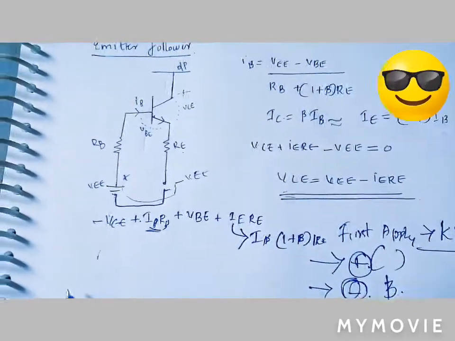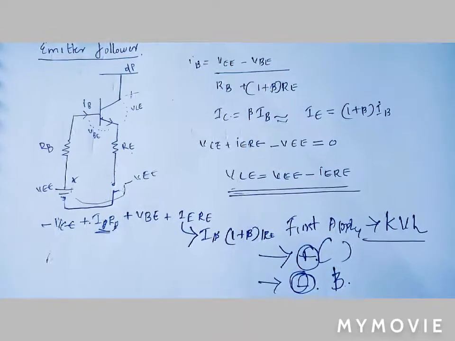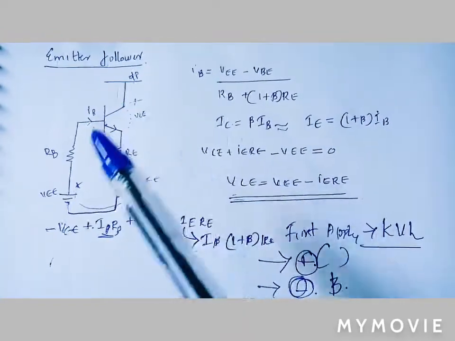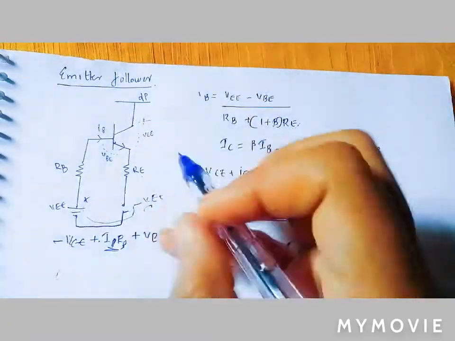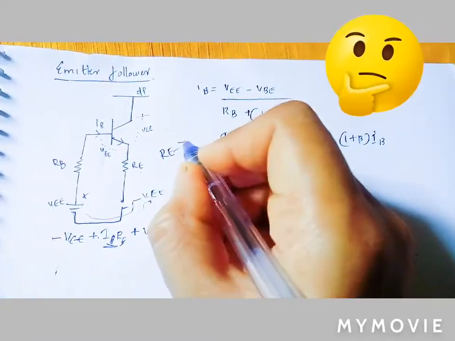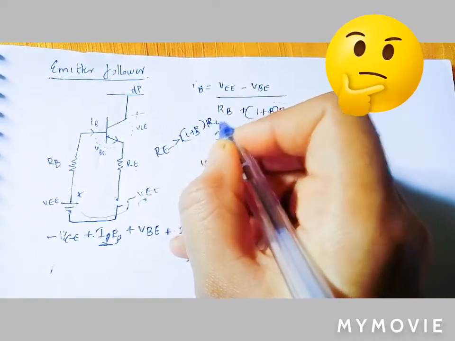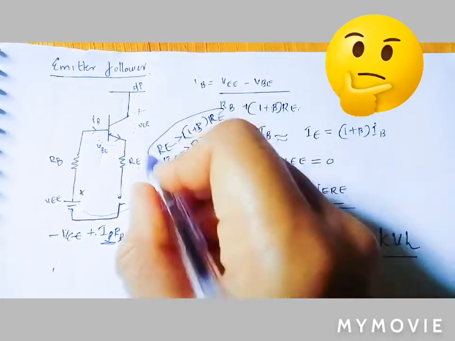Then things are simple. If you find IB, we have to convert all the current into IB. So we have to change the RE in the circuit as 1 plus beta RE and RC as beta RC. That is the method.